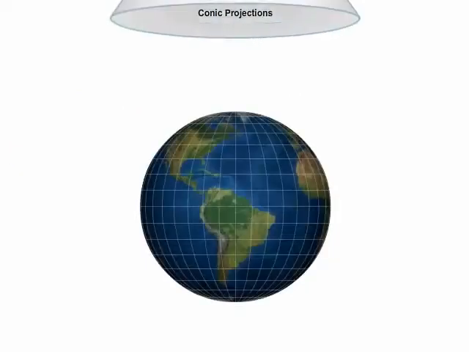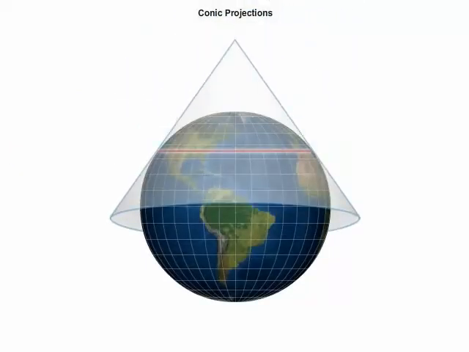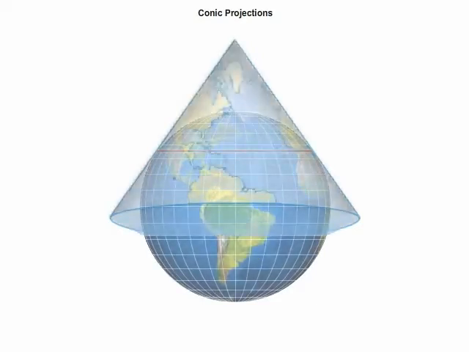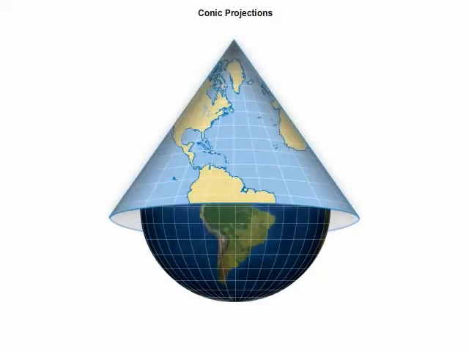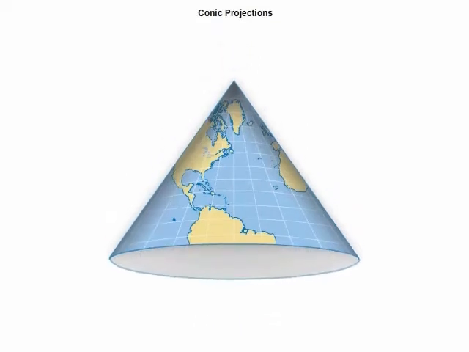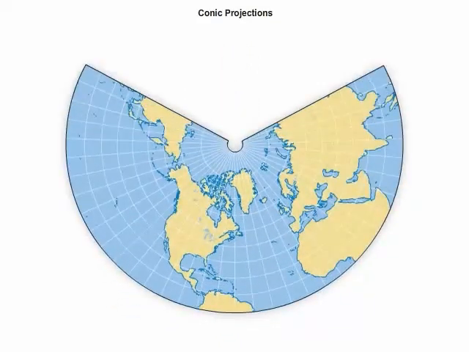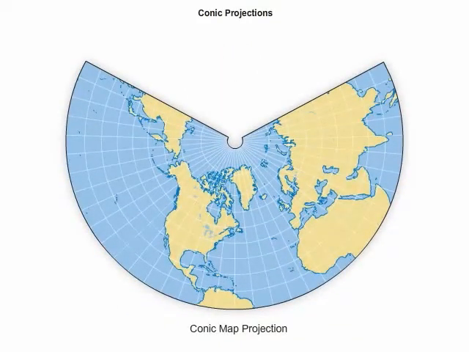A cone surface is placed over the globe, touching it along a parallel. Next, the graticule and landmasses are projected onto the cone. Then, the cone is unrolled, revealing the graticule and landmasses.